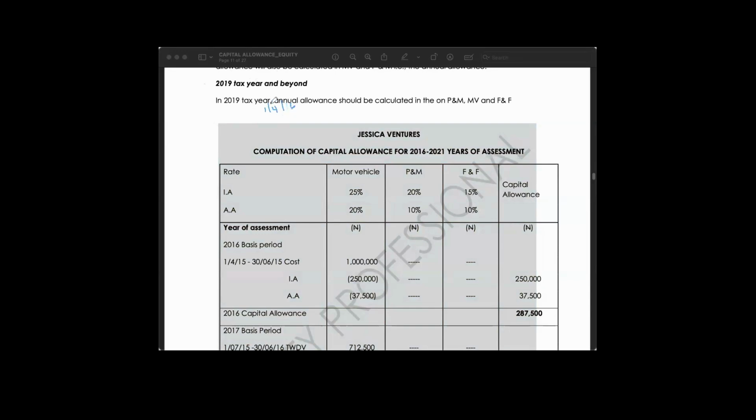And we said when a company commences operation, it's going to be from the date of commencement to the end of the accounting year, and that is 31/3/2016.